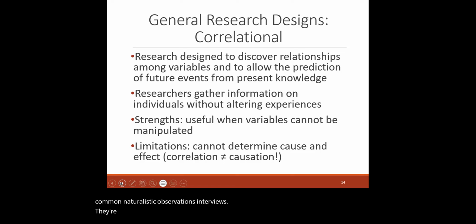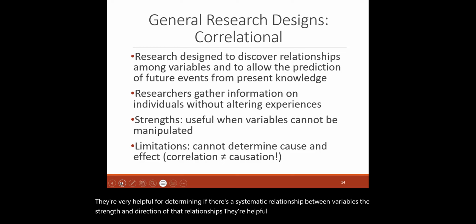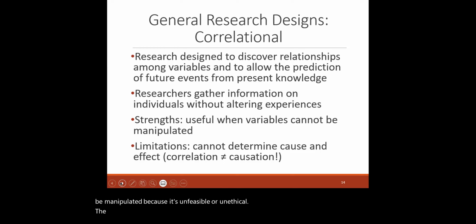They're very helpful for determining if there's a systematic relationship between variables, the strength and direction of that relationship. They're helpful for situations in which variables can't be manipulated because it's unfeasible or unethical. The big downside, though, we can't determine cause and effect.